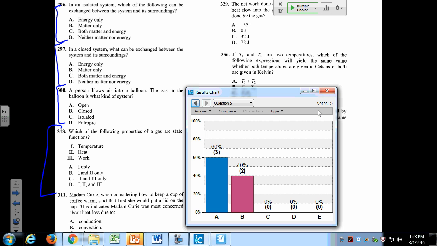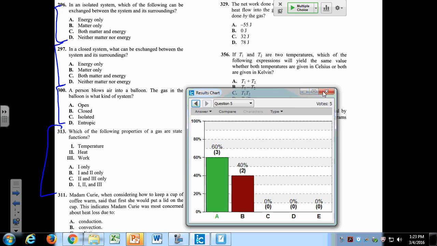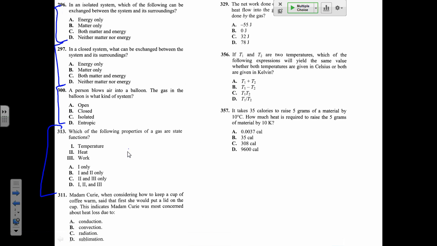Is that a state function? No, that's a process function. That's the way you change the state. The state functions include temperature, pressure, and volume, and then entropy, enthalpy, there are 2 others. Okay? Y'all cover that in the chemistry section? You did? Okay. All right, and we'll come back to these.